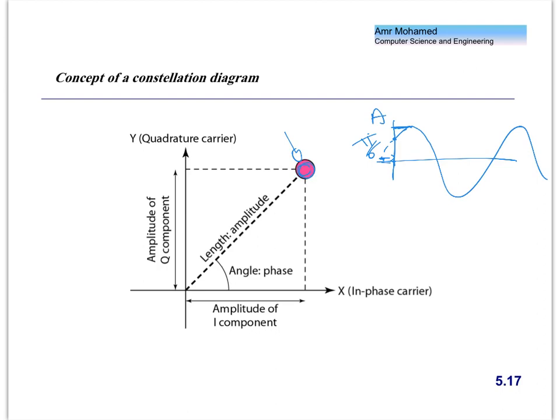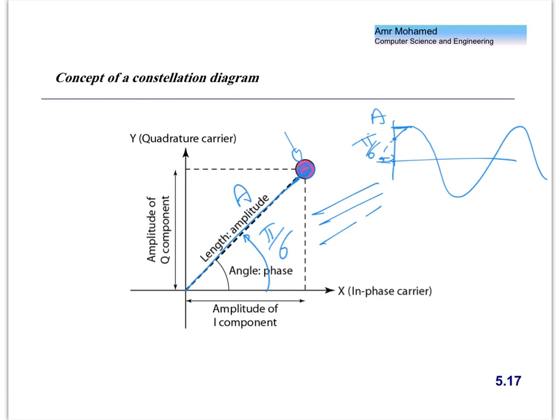This dot will be put on the IQ axis such that the distance between this dot and the origin is A, and the angle is pi over 6. Okay? So this sine wave will be represented by a dot in the IQ diagram.